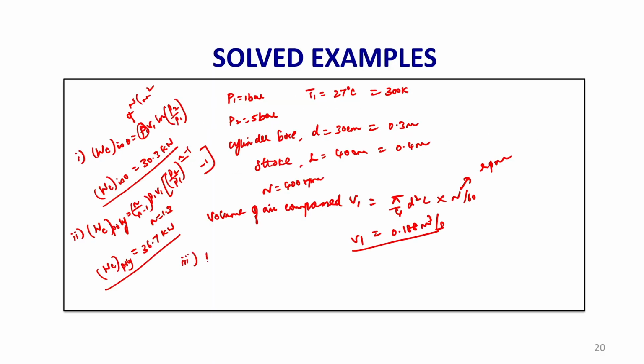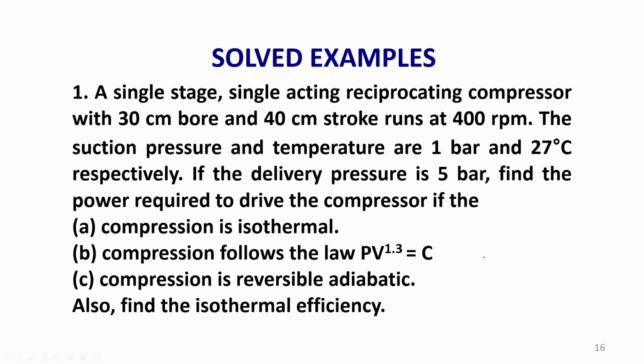Third process is the reversible adiabatic work done, which is equal to gamma by gamma minus 1 into P1 V1 into P2 by P1 whole power gamma minus 1 by gamma. The only difference is gamma is equal to 1.4. For the given problem, n is given as 1.3.